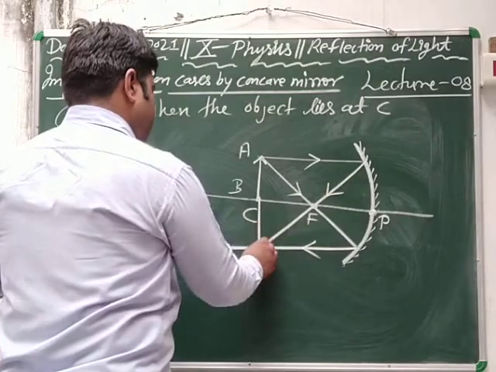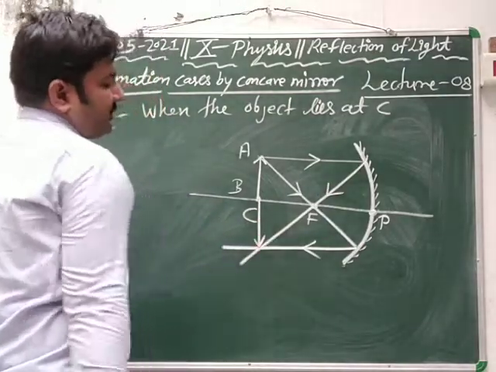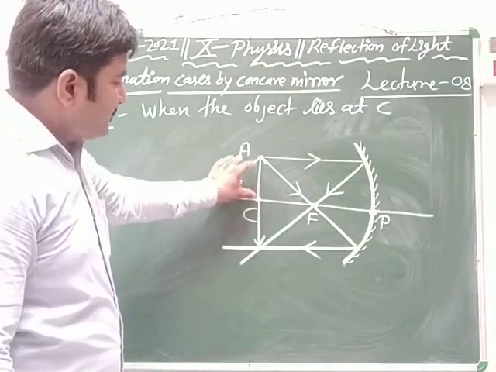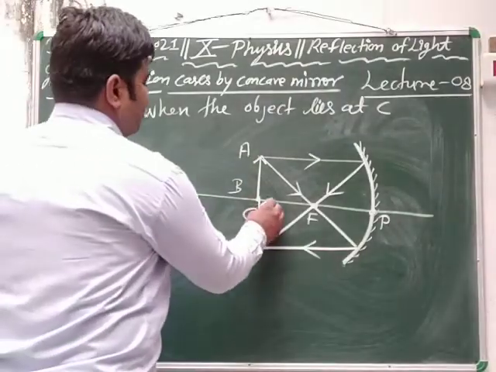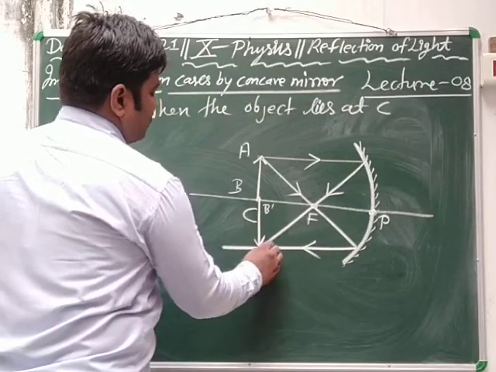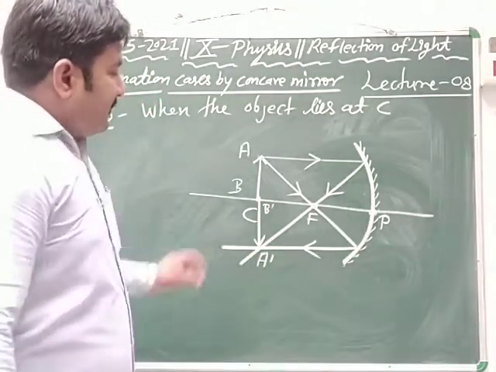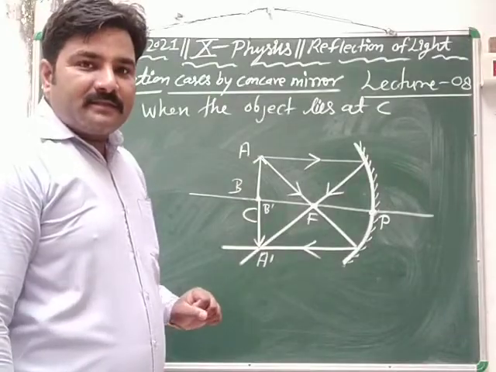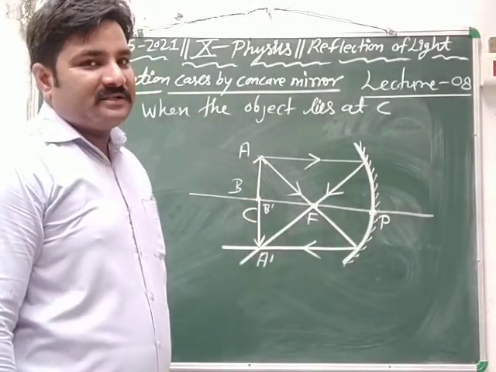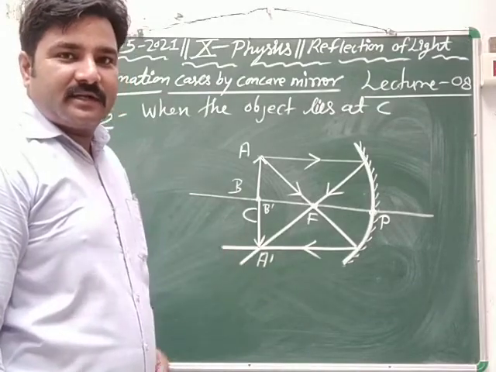Then the image formation takes place here where the rays intersect. You see the position of object and position of image, both are the same. So we can say that the image is found at C and the size is just equal to the object size, and real and inverted, 3 characteristics.